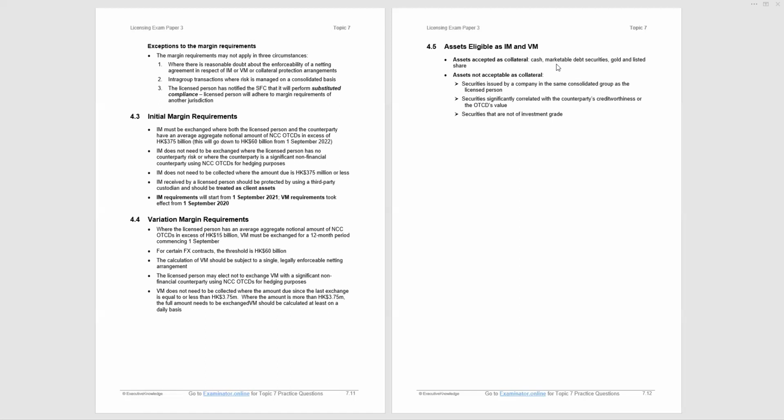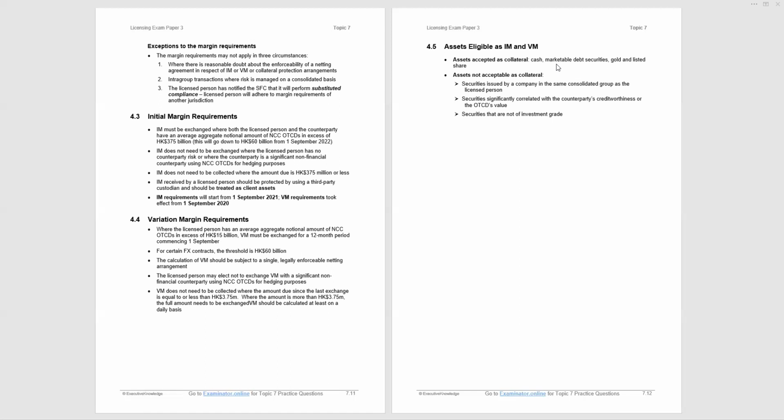Calculation of variation margin should be subject to a single legally enforceable netting arrangement, all right. So you net off variation margin against initial margin or other variation margin. The licensed person may elect not to exchange variation margin with a significant non-financial counterparty using derivatives for hedging purposes.